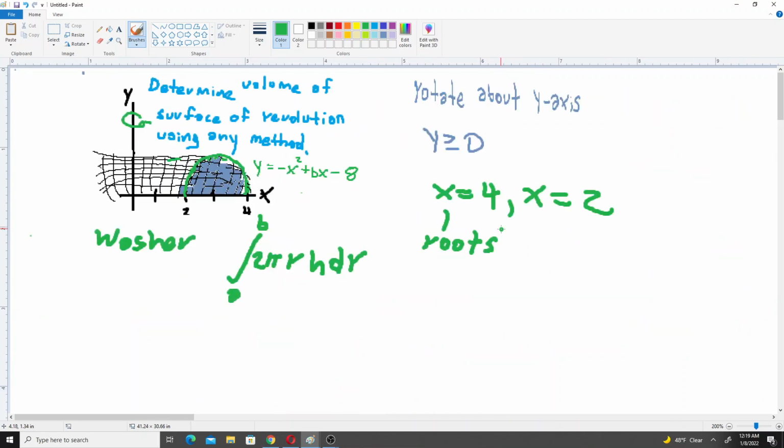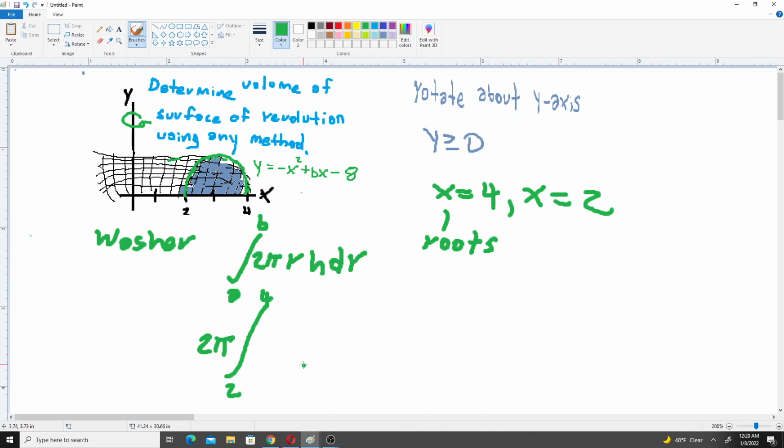So I'm going to zoom out. Okay, so we have 2 pi times the integral, and we're going to go from 2 to 4, because that's where, if you rotate this around the y-axis, the value that we're trying to integrate is.